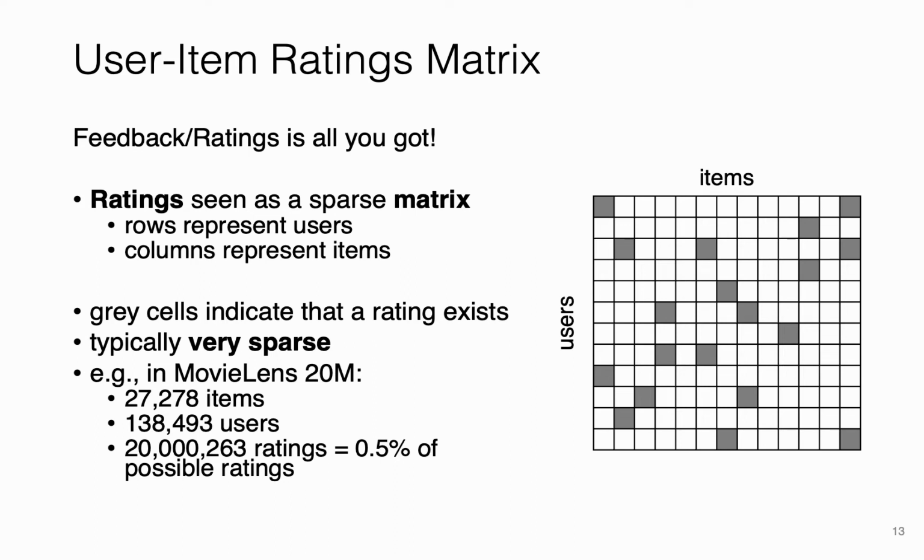This represents 0.5% of all possible ratings. I hope you see the challenge with such sparse ratings matrices. The system essentially needs to guess, or better, predict, the large number of unknown ratings in order to make recommendations.